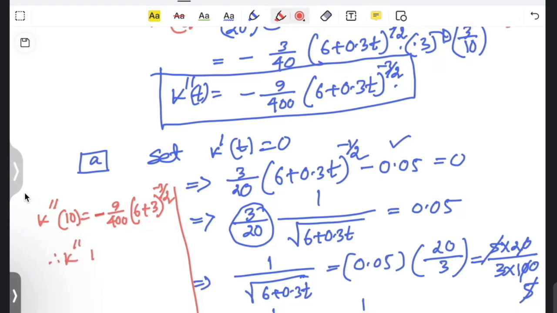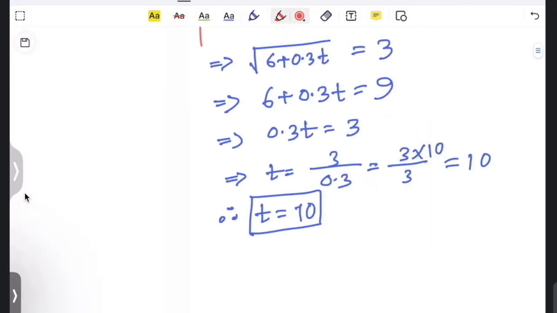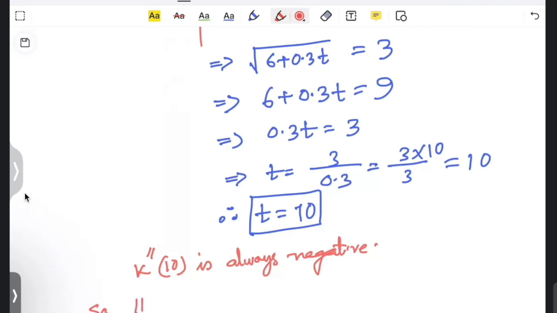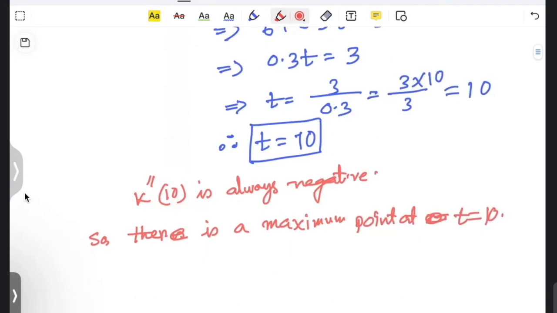Therefore k double prime at 10 is negative. Do you understand me? So if you put t in the second derivative, it is always negative, right? Yes, always negative. So there is a maximum point at t equal 10, and this t equal 10 is the t coordinate of the maximum point.